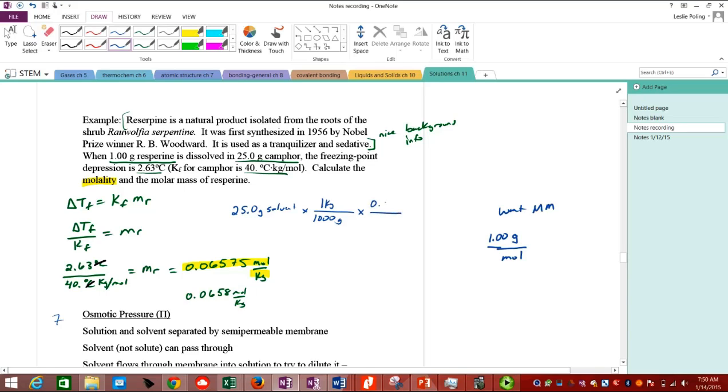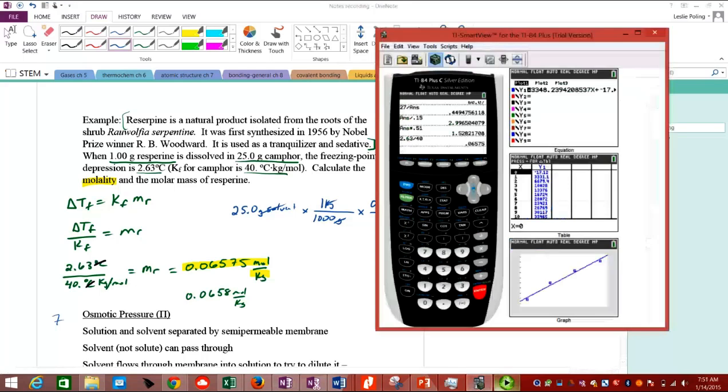And what is molality but moles per kilogram. So grams cancels, kilograms cancels, and it's going to leave us with the moles to plug in there. So 25 divided by 1,000 times, I can use my answer from the line above, and I get that many moles. So 1 gram divided by that many moles gives me my molar mass of 608.